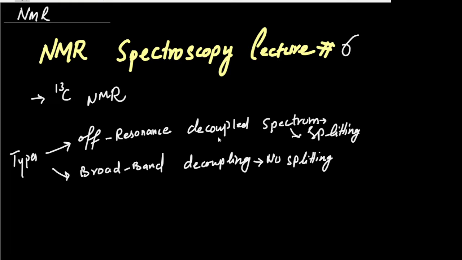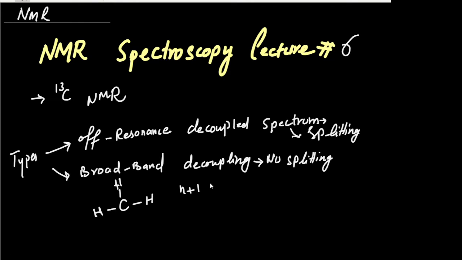Like this is a carbon, and there are 3 protons, but they are of one type. In the splitting, there will be a quartet according to the n+1 rule. There are 3 protons, so n is 3 plus 1.